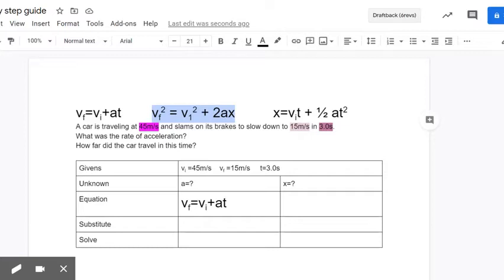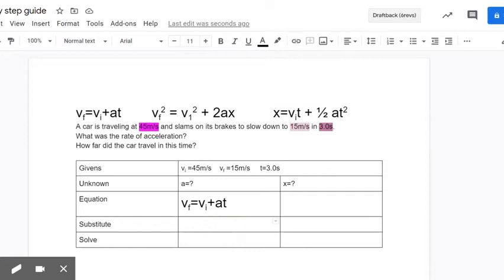Therefore, I cannot use it. The third equation, I don't have the X. I want it on my second problem. I do have the VI, it's 45. I do have the T, it's 3. I don't have the A. So I'm back to the same problem I had with the second equation. I have two unknown variables, so I cannot use it.